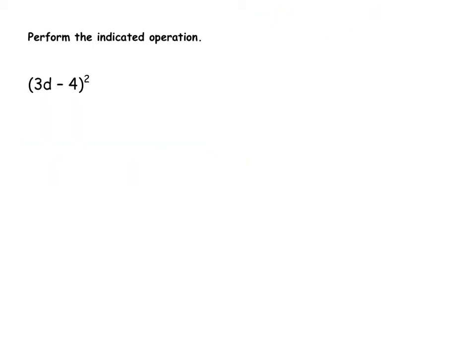But what about this one? 3d minus 4 quantity squared. What that does not mean is use the power rule. This is the power rule. When we saw this, we said, oh, two exponents on the same base will multiply our exponents.